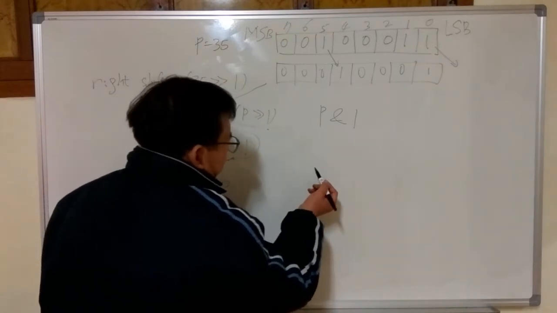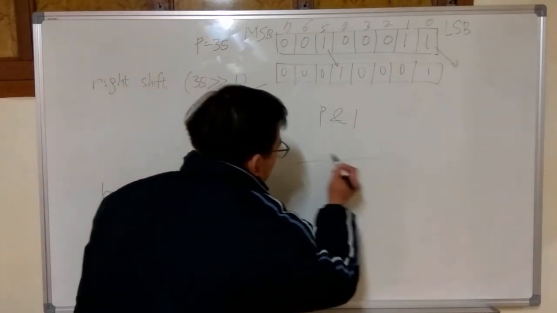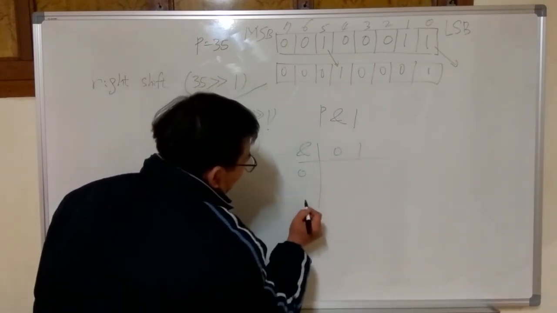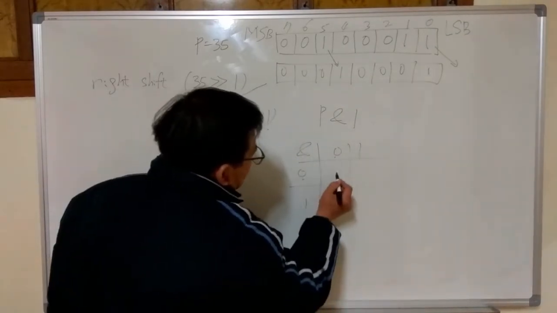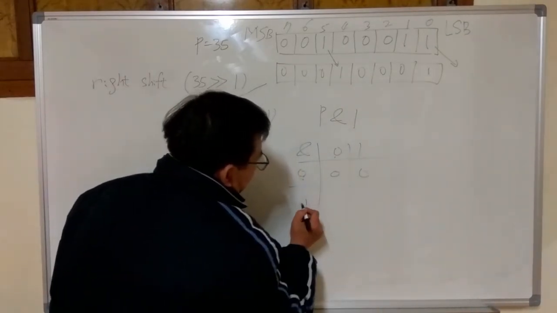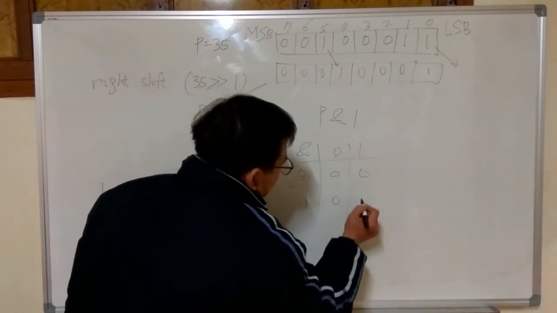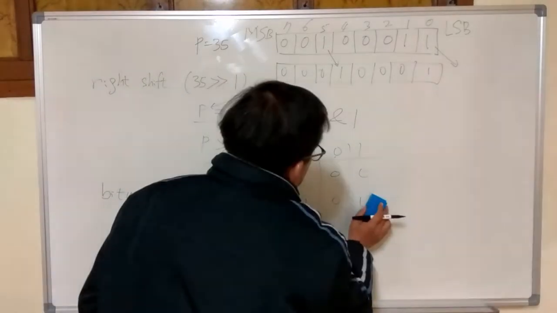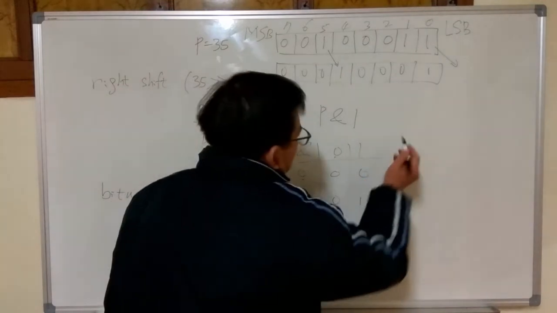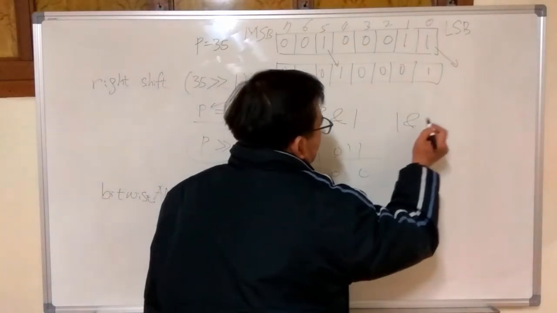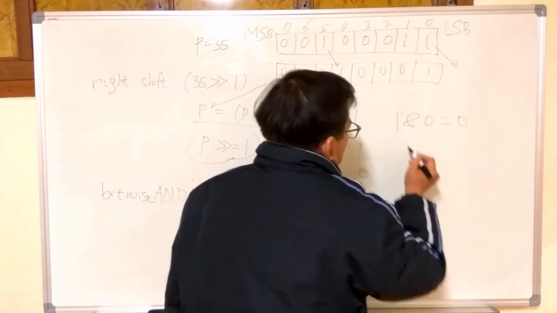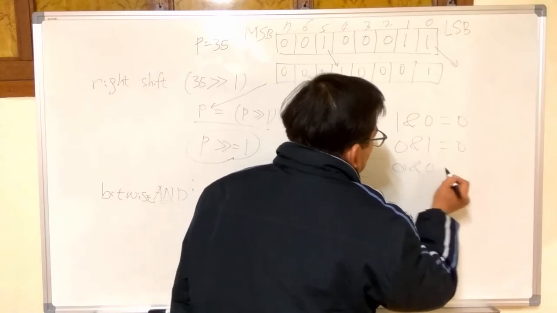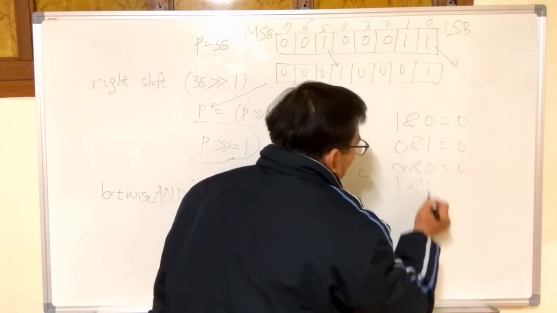For example, if I make a truth table like this, and a summary: 1 and 0 is 0, 0 and 1 equals 0, 0 and 0 equals 0, 1 and 1 equals 1.